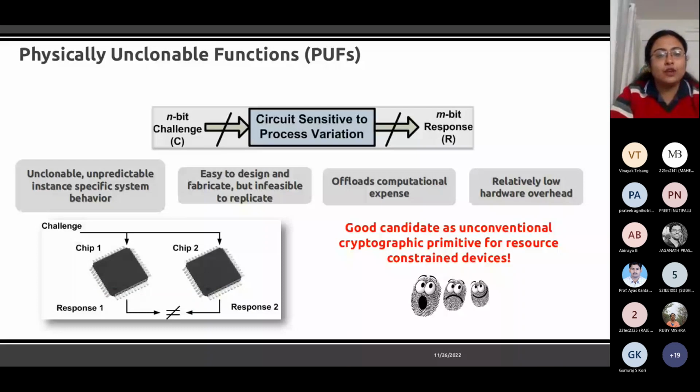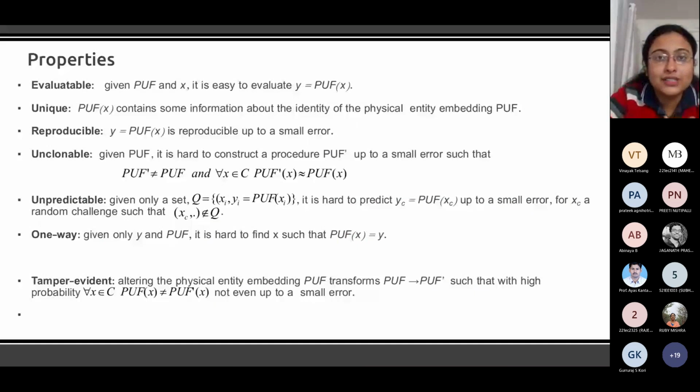Okay, now let's see what are the properties of PUF. First of all, because it is a hard logic function, it can be considered as a Boolean function, and given a PUF and a particular input x, it is always easy to evaluate the output. That is y equals PUF(x). It is very easy to evaluate y. Now PUF(x) contains some information about the identity of the physical entity embedding the PUF.